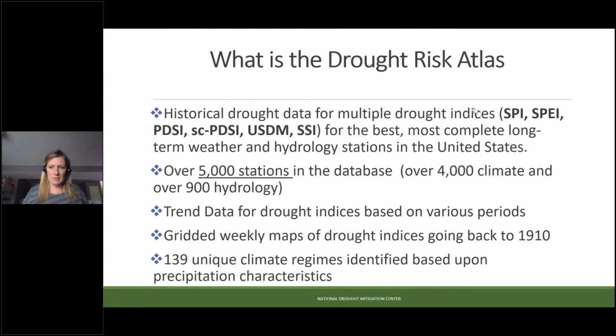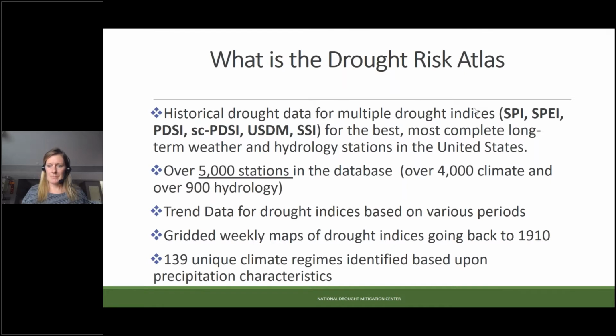Well, there's a little over 5,000 stations in the database. A little over 4,000 are climate stations, and just over 900 are hydrology. We've also calculated some trend data for these stations, as well as some maps. There are gridded weekly maps of drought indices going all the way back to 1910.